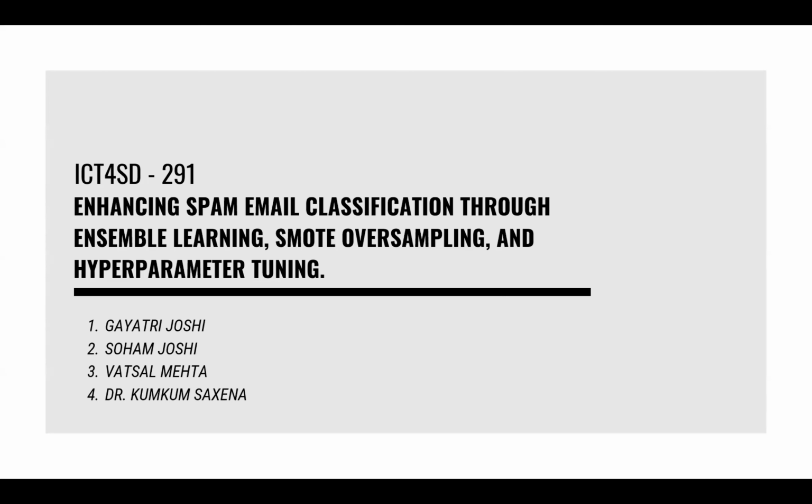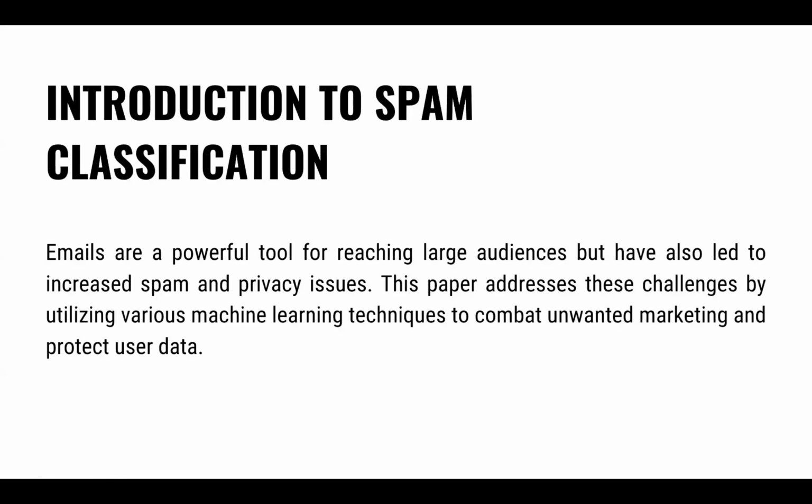Okay. So, as visible, our topic is enhancing spam email classification through ensemble learning, smart oversampling, and hyperparameter tuning. The basic necessity of choosing this as our topic, as we know, is that email is one of the biggest platforms to share information, and it is heavily misused as well.